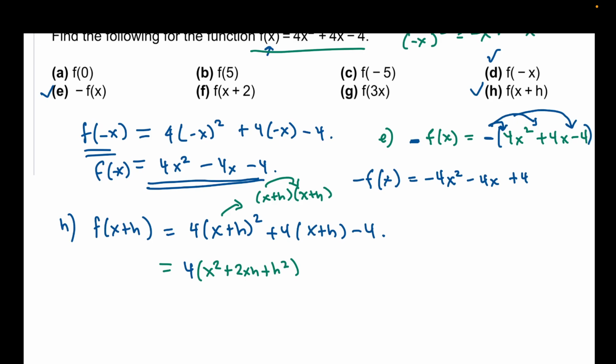So then you continue plus, now we're distributing, we're in that middle term here, 4 times x is 4x plus 4h minus 4. Now we're not fully done here because this first term here, we need to distribute that, but we're almost there. And then as I write this out, I just got to remind you that at the end of the day, we need to combine like terms.